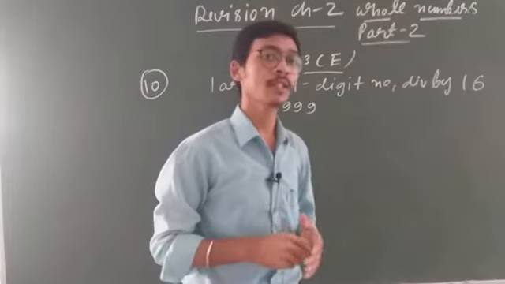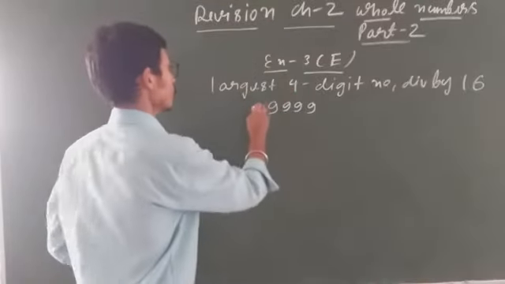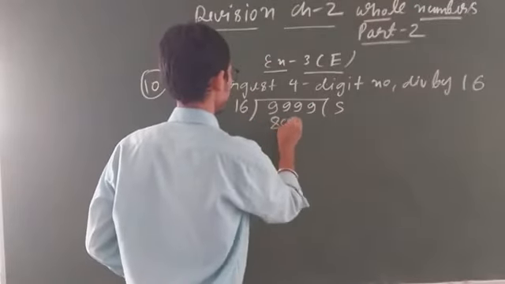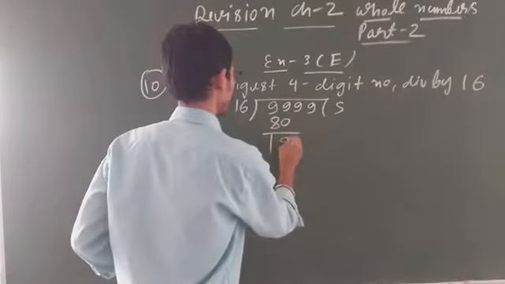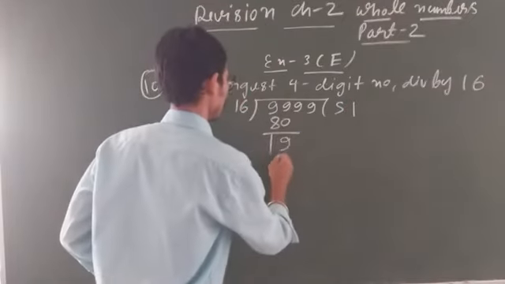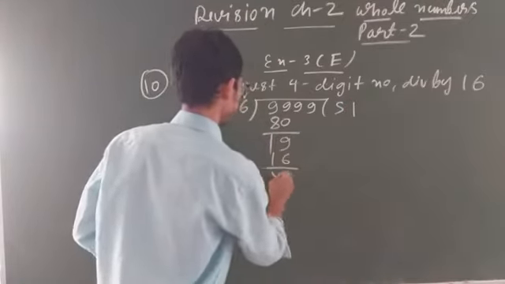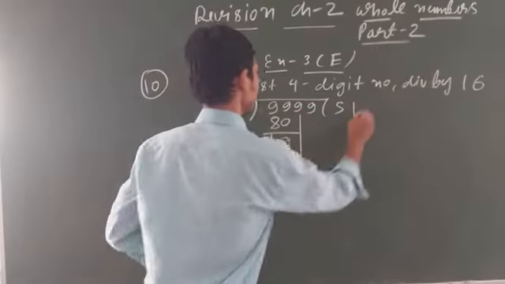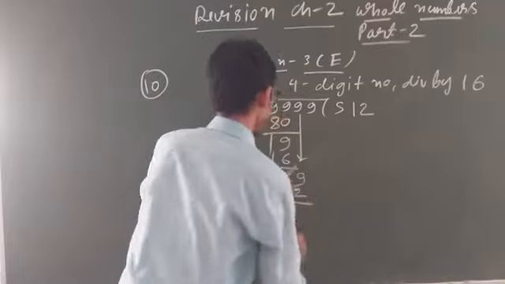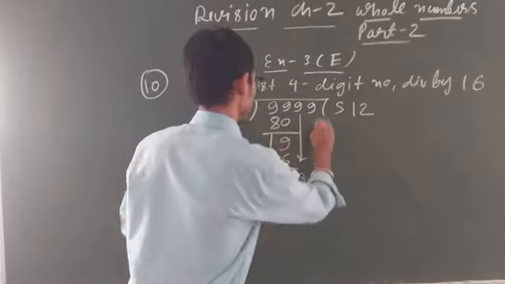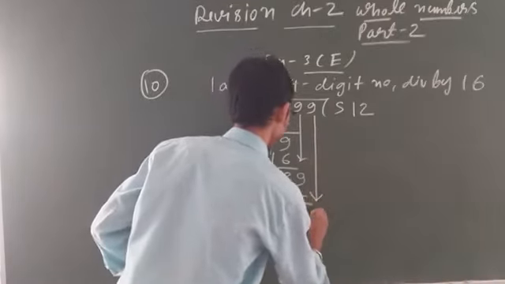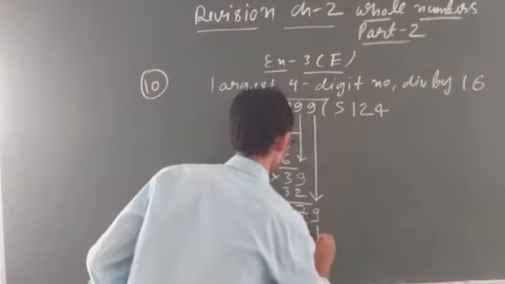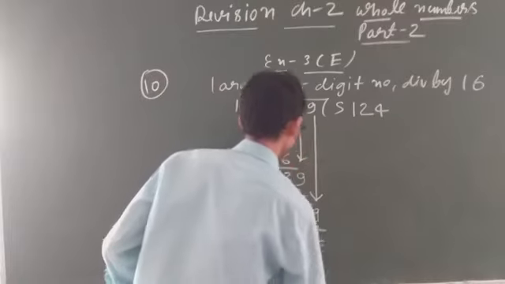To check divisibility by 16, first you will divide it by 16. 16 5s are 80, 9 minus 8 is 1. Then 16 1 is 16, 9 minus 6 is 3. Then 16 2s are 32, 9 minus 2 is 7, 3 minus 3 is 0. Again 7, 9. Now 16 4s are 64, 9 minus 4 is 5, 7 minus 6 is 1.